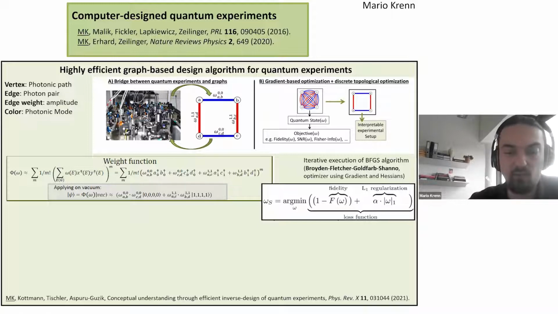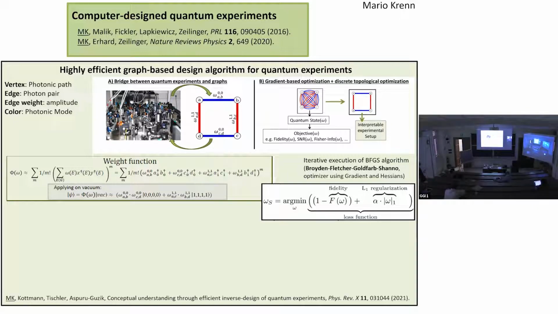So a reinforcement learning algorithm will, from all of my experience, never be able to outperform gradient descent on the system in any design task where you have direct access to it. Thank you. Thank you very much.